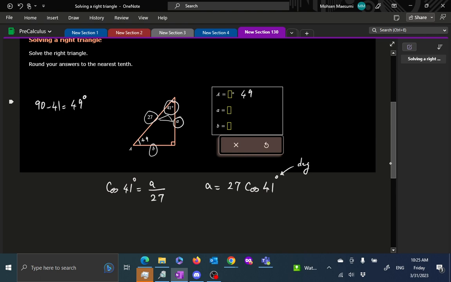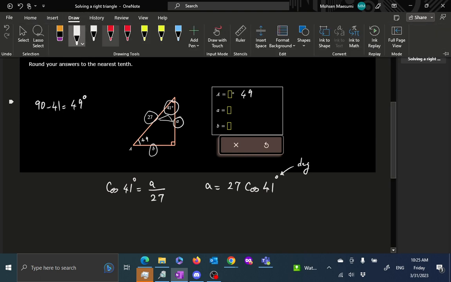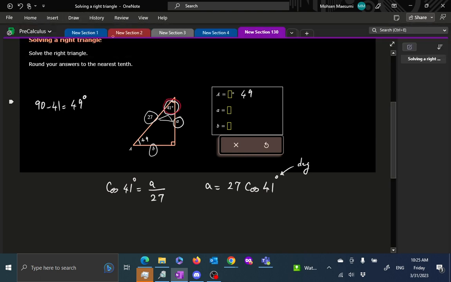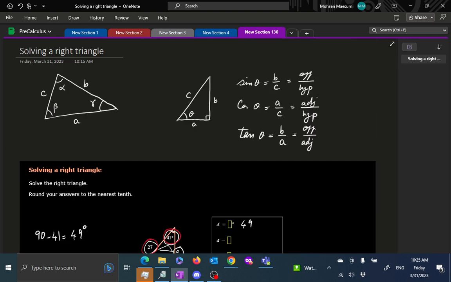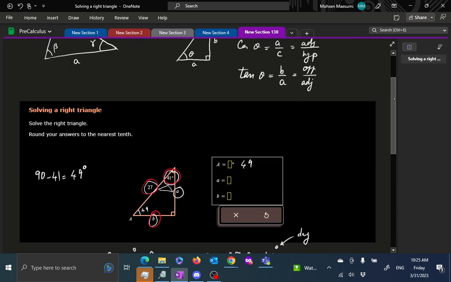How about B? Let's look at the situation again. This was given, this was given, this is what is required. Now we ask, what's the relationship between these three quantities? With respect to this 41 degree angle, this constitutes the opposite. Opposite comes up in the definition of the sine. Sine is opposite divided by hypotenuse.